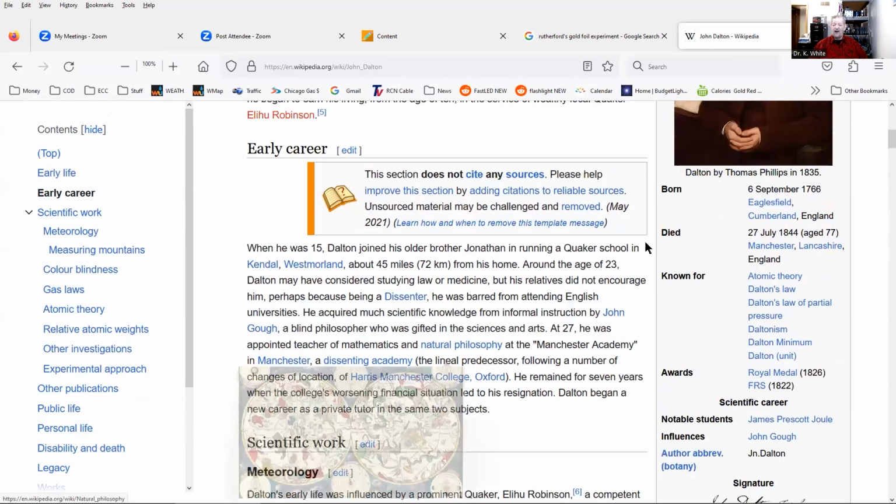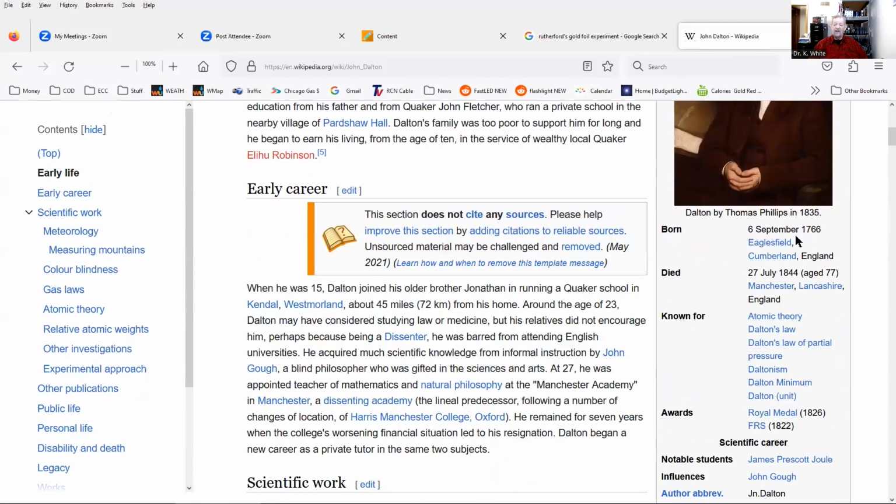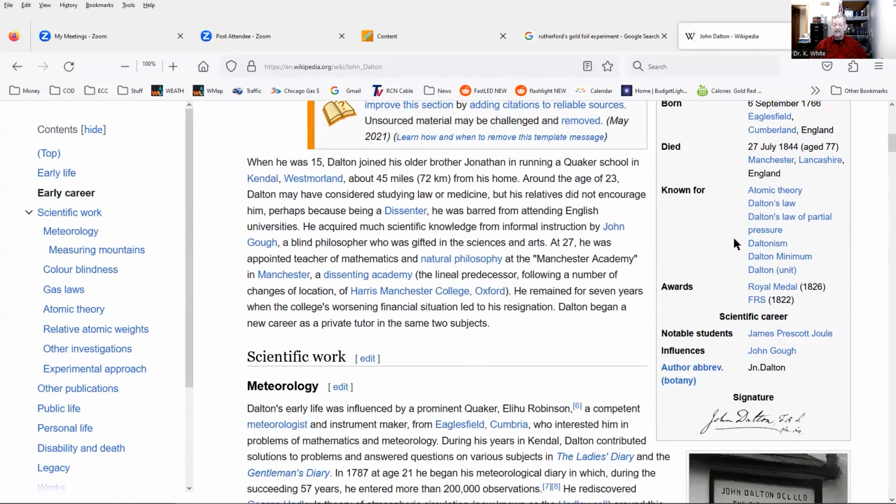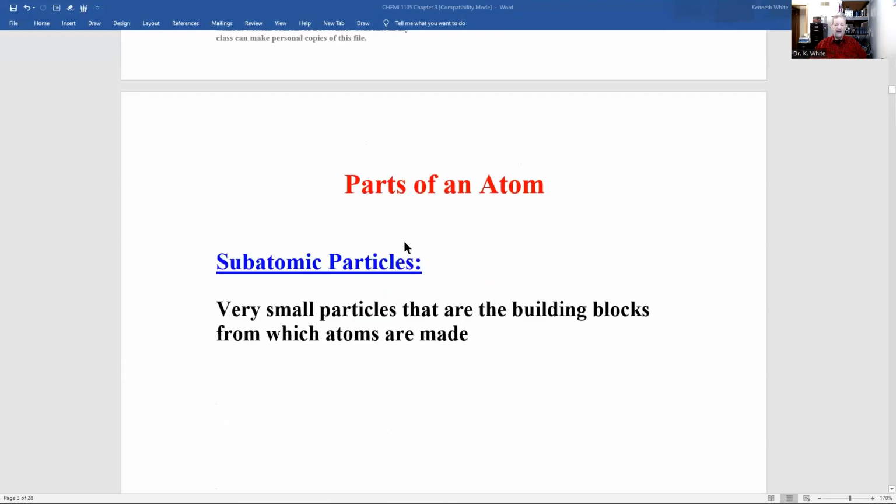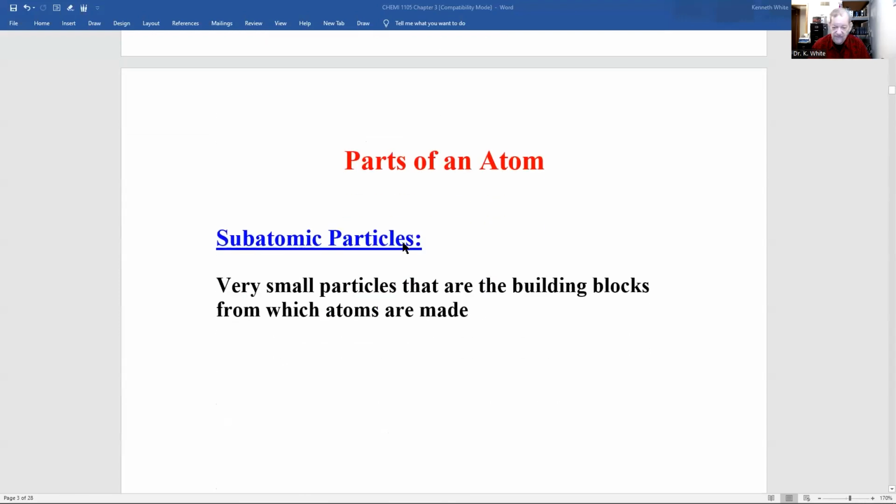It talks about when he died and when he lived and all the great things he accomplished. In fact, I believe in England, a very big chemical society is called the Dalton Society after him. All right, let's get back to chemistry.